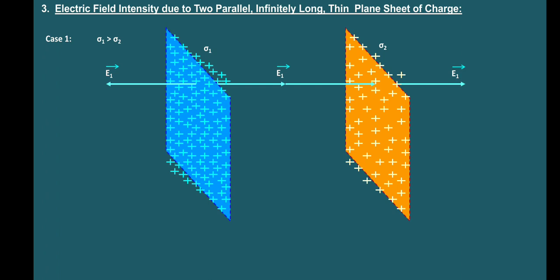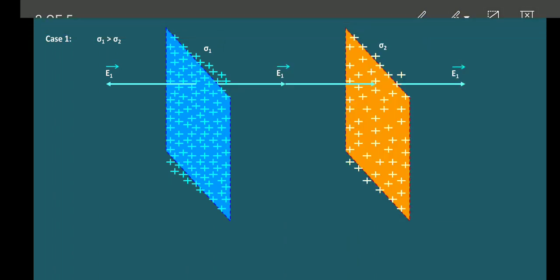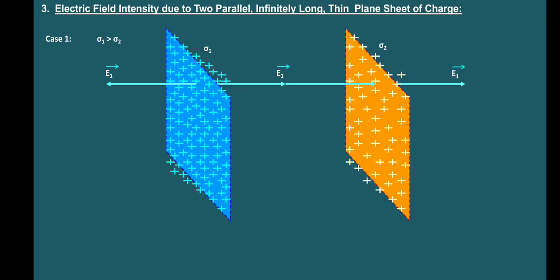In the first case, we consider the first surface, that means this surface, has higher charge density, sigma 1 is more. That means the charge accumulated on this sheet will be more. On this sheet the charge will be very less. If you look at the diagram you will understand: here more positive charges are there but here fewer positive charges are there. That means it has a very low surface charge density.